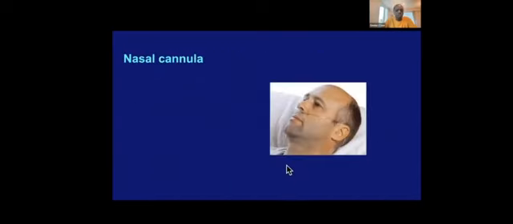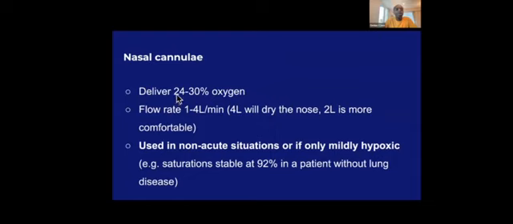Let's look at which devices exist. One is a nasal cannula. Here is an example of a nasal cannula. Nasal cannulas deliver oxygen at 24 to 30%. This is important for you to understand.